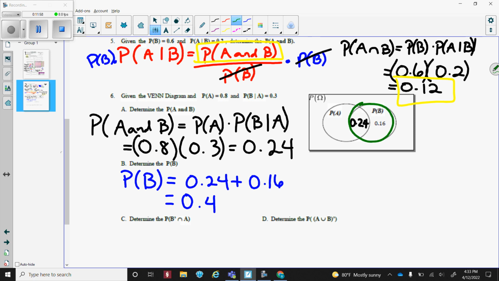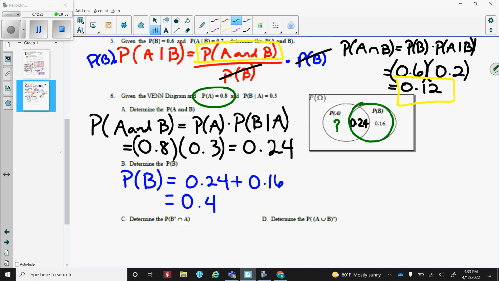So not B, it is not inside there, but it is inside A. So it's going to end up being this missing number here. Do we have enough information to solve for that? We do, actually. We just have to look at our given information from before.